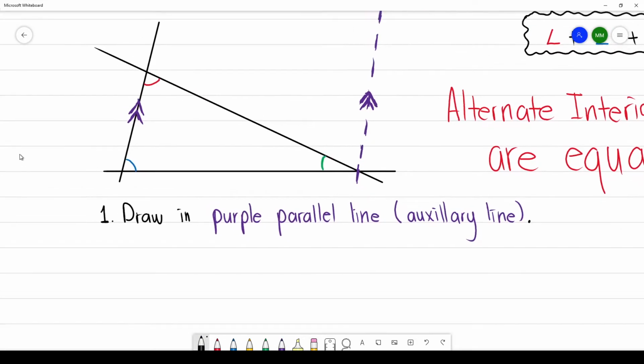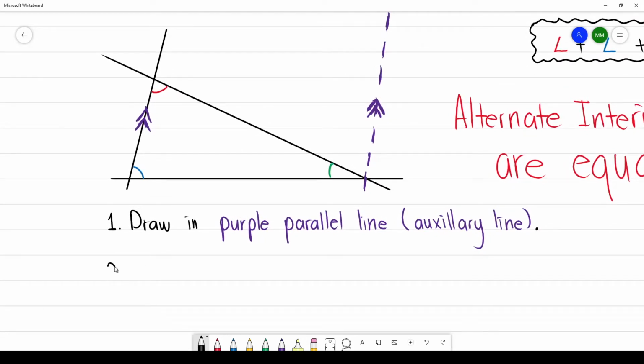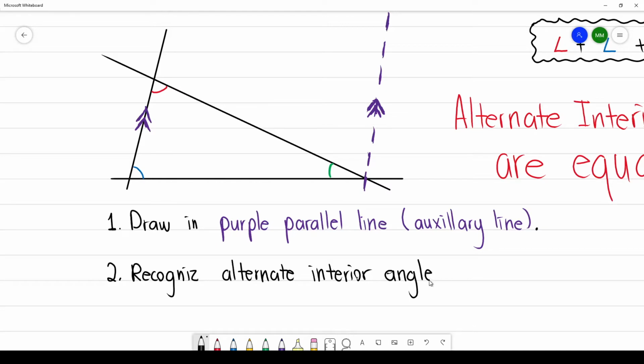And then number two is to recognize alternate interior angles. Right. So what do I mean by that?